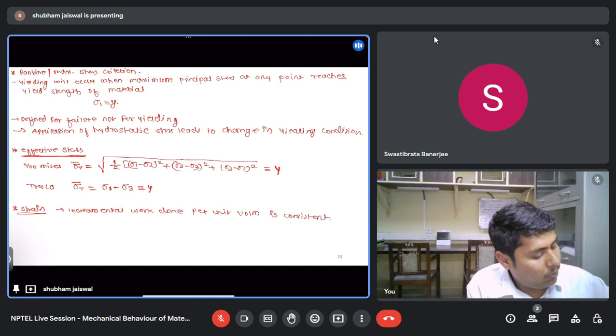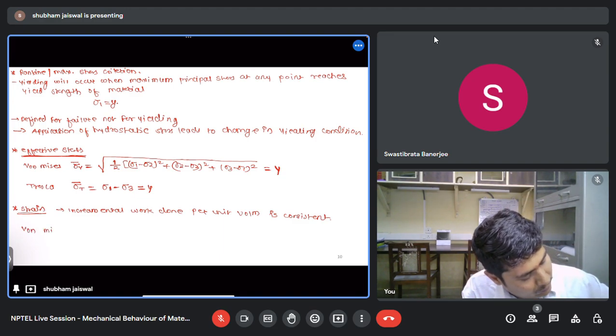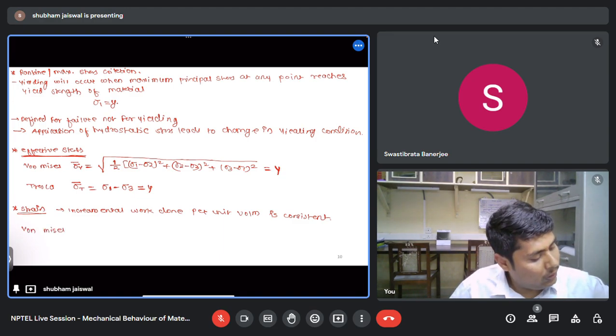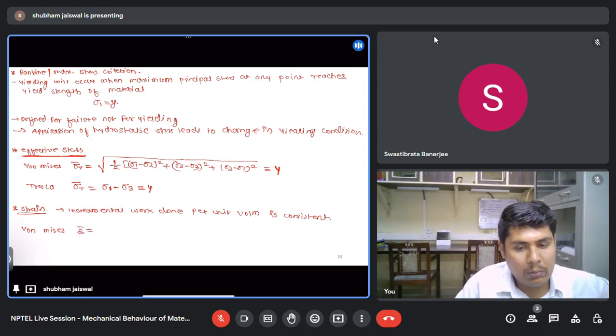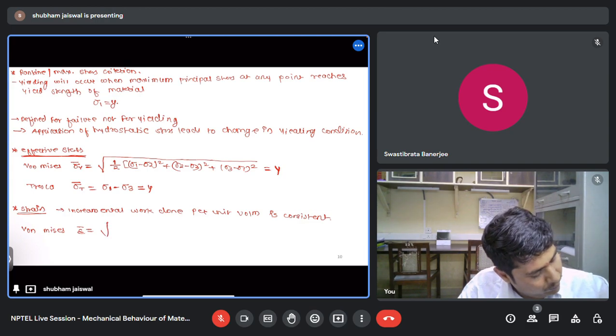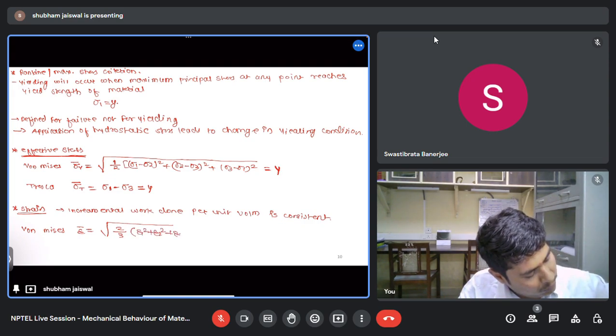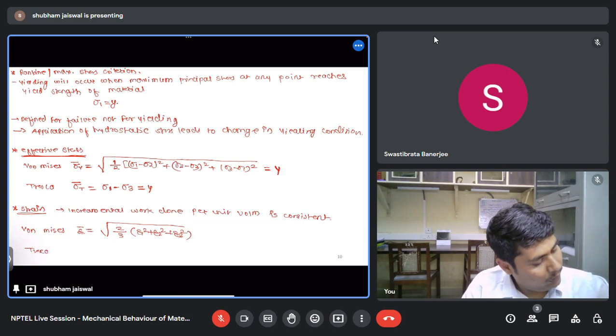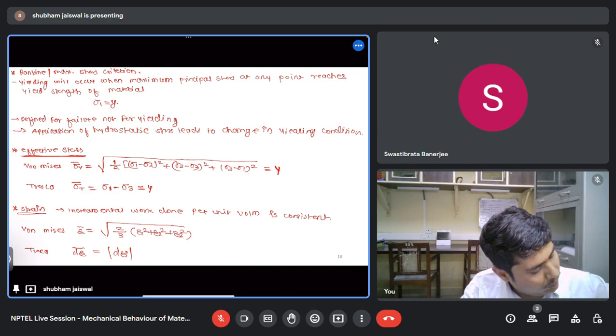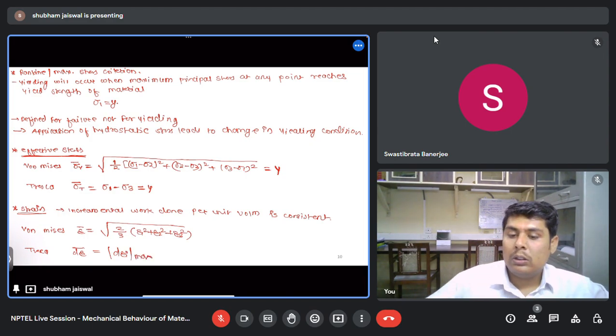So, for von Mises, the effective strain is given by the square root of 2 by 3 times epsilon 1 square plus epsilon 2 square plus epsilon 3 square. And for Tresca, it is the maximum of all. Okay, so this was all about the recapitulation of last week's content.